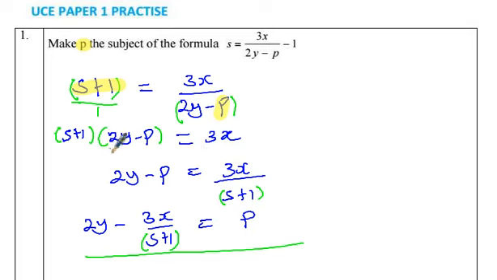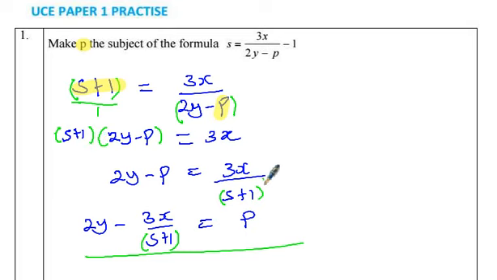At this step, it is not wise to open the brackets, because that means P will be multiplied by these terms and you're creating more P's. The best thing to do is to divide on both sides by s plus 1, and that's the step I have here.